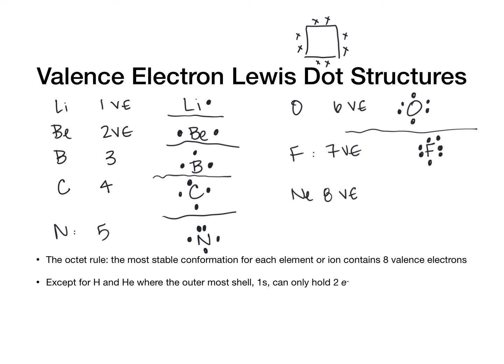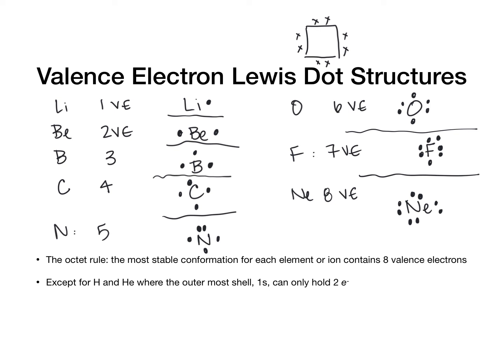And that lone electron can be on any of the 4 sides as long as you just have 1. And neon has 8, and we can see those annotated this way. My dots are quite large. I want to make sure you can see them on the screen.